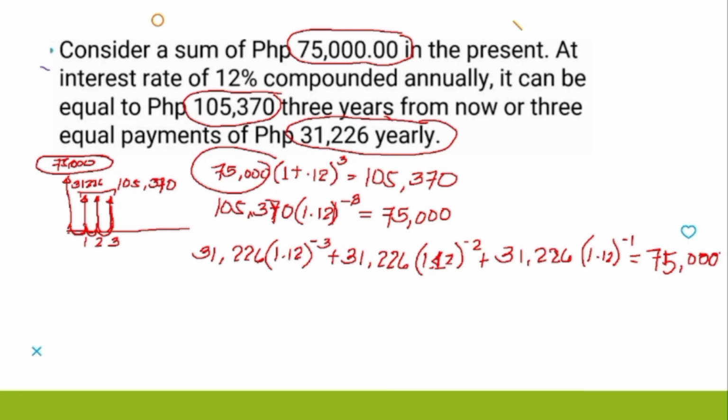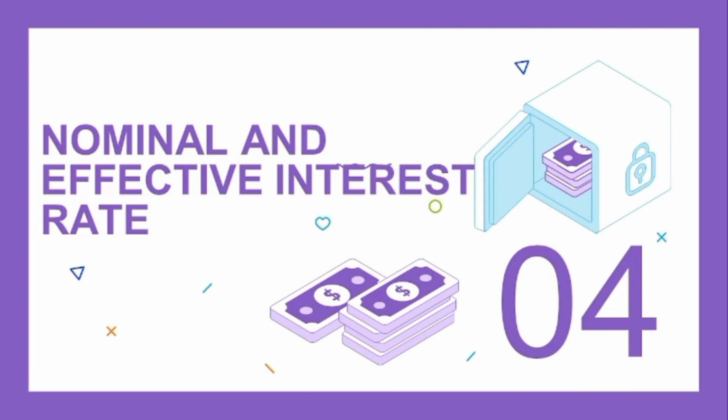So this is the concept of equivalence. The economic value is the same, nagbabago lang siya ng amount, but considering the interest, considering that it is compounded, kaya lumaki yung pera. I-compound mo siya annually. So our next topic later on will be the pagbabayad mo yearly or pagbabayad mo annually. That will be our next topic later.